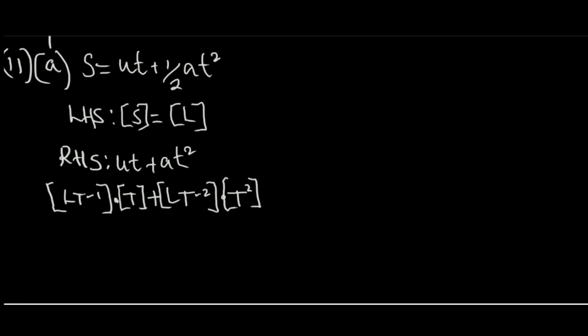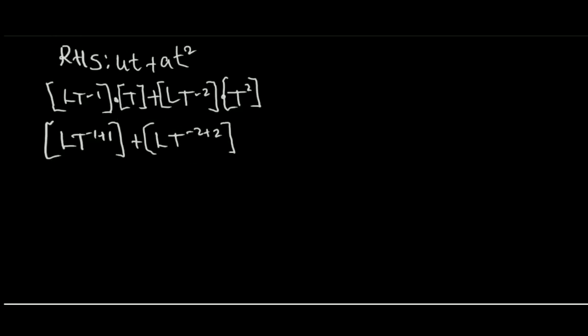So this gives us [L t^(-1+1)]. Then we say plus. Then we have [L t^-2] multiplied with t to the power 2, so add the powers. So it becomes negative 2 plus 2.